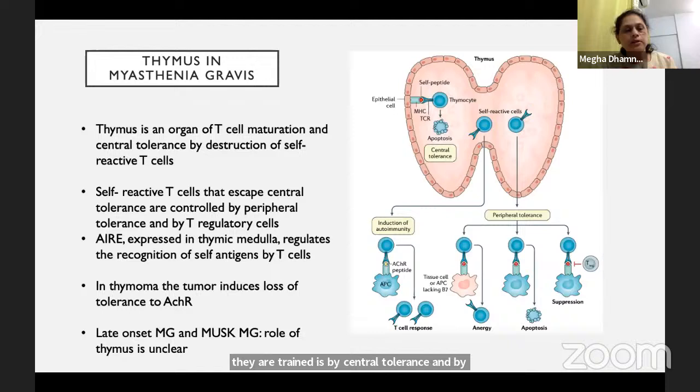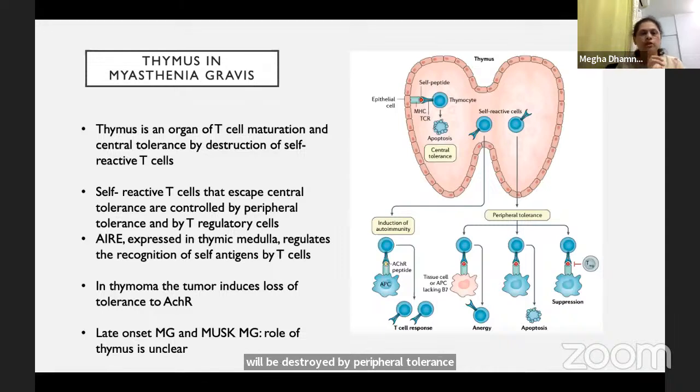The AIRE gene, the autoimmune regulator gene, is expressed in the thymic medulla, and it regulates the recognition of self-antigens by the T cells. The T cells which recognize self-antigens are destroyed, and this is called central tolerance. The self-reactive T cells which are not destroyed will again be destroyed by peripheral tolerance.